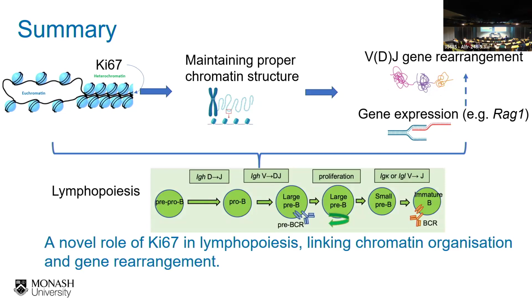Just one thing for your take-home message is that beyond proliferation, Ki67 also plays a role in lymphopoiesis, and it links nicely the chromatin structure with gene rearrangement in lymphocyte development.